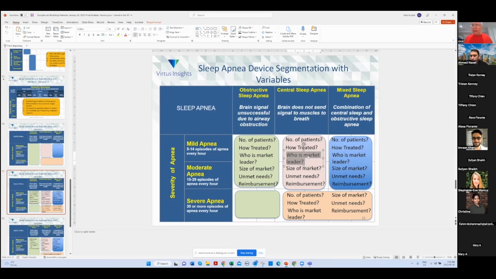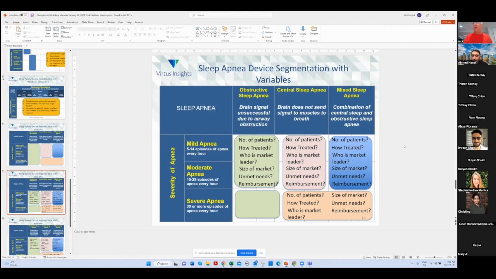Who is the market leader? And you can ask additional questions regarding the competition. Remember, the variables are open for you to choose to make it work for your needs. The questions you need to answer, and how you populate these boxes, is based on the questions that you need to answer.